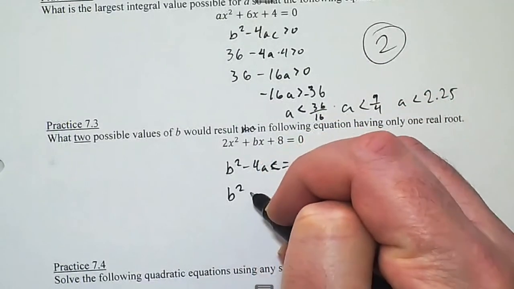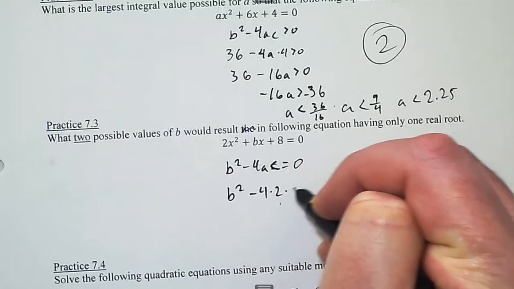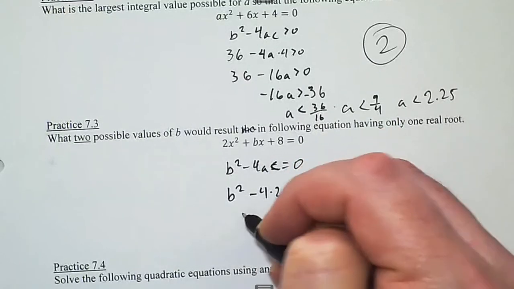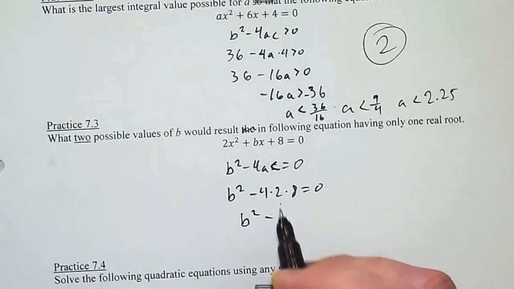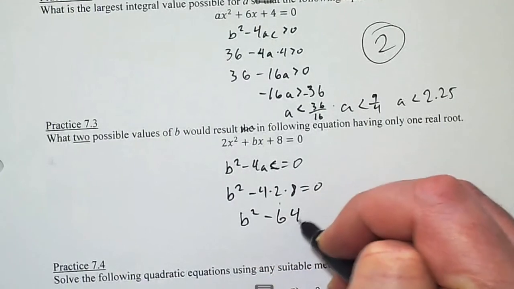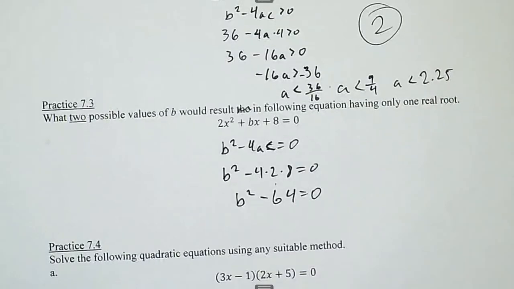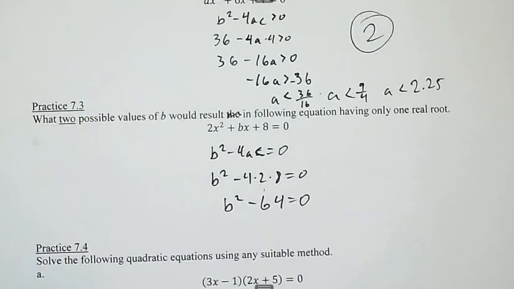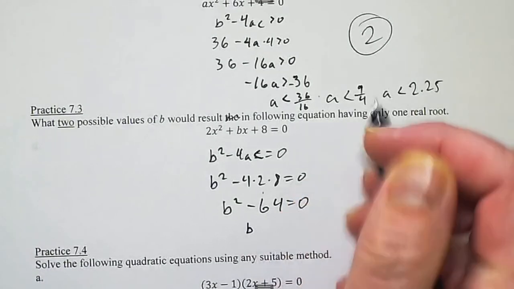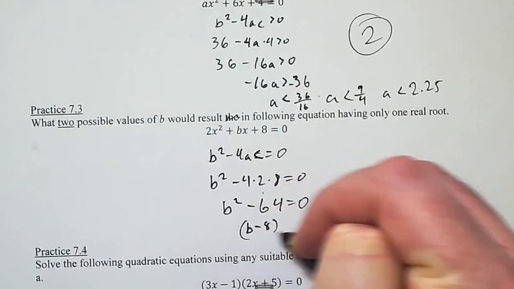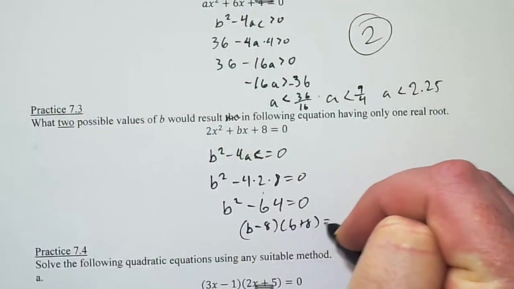So b squared minus 4 times 2 times 8 gives me b squared minus 64. Which is interesting because now I'm solving a quadratic equation to solve a quadratic equation, in a way. But this is a difference of 2 squares, b minus 8, b plus 8.